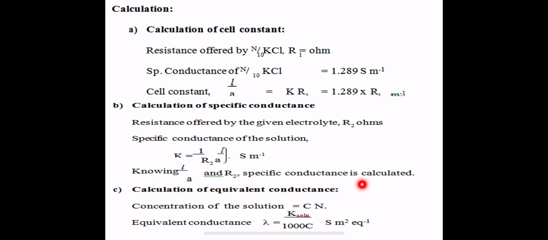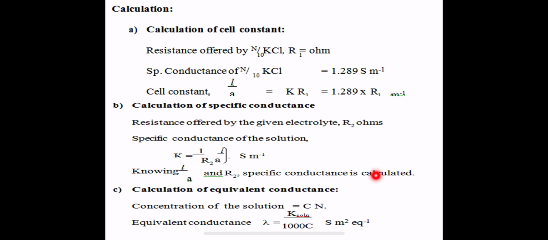And how do we calculate the equivalent conductance? The concentration of the solution should be known. What is the concentration of the solution? We can find it by different methods, like titration, or we can measure it experimentally, or by using electrical devices like potentiometry or any other. In some way we find the concentration of the solution.